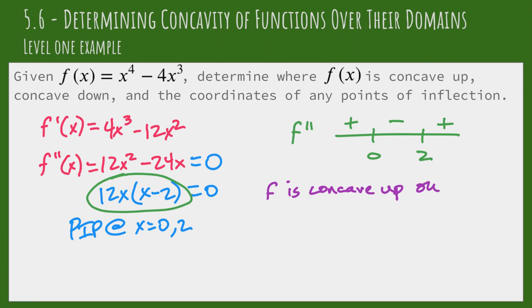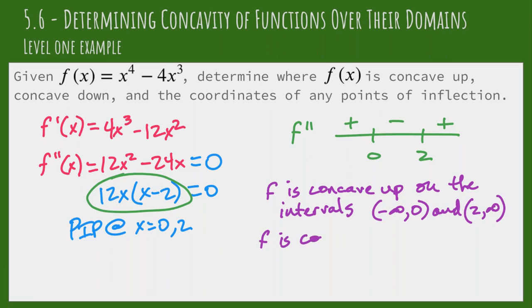So on the intervals negative infinity to 0 and 2 to infinity. f is concave down where the second derivative is negative, and that's going to be on the interval from 0 to 2.